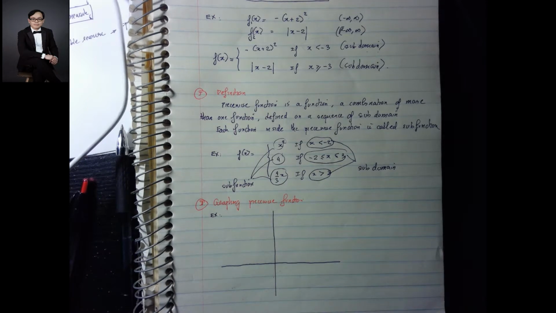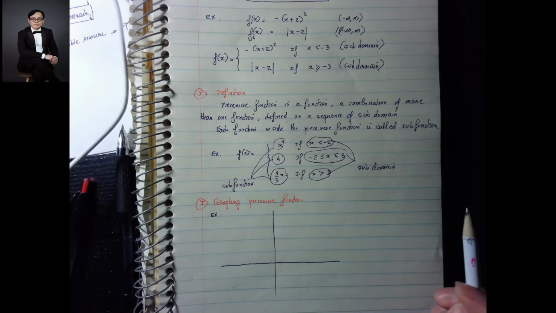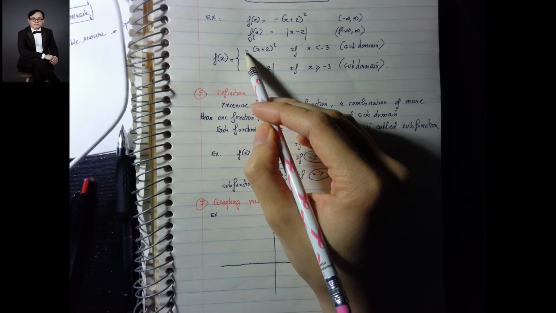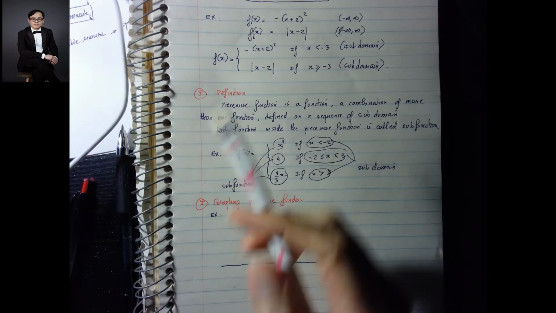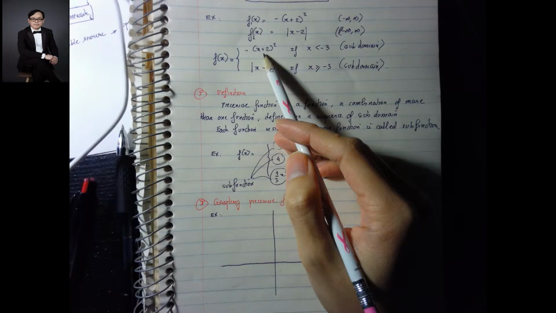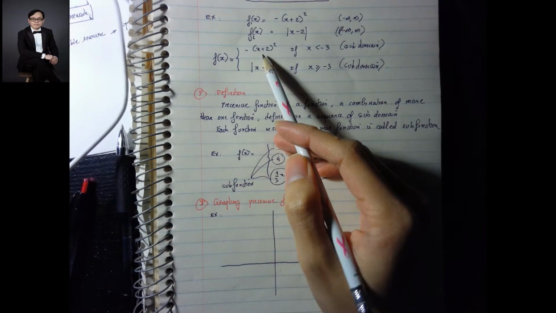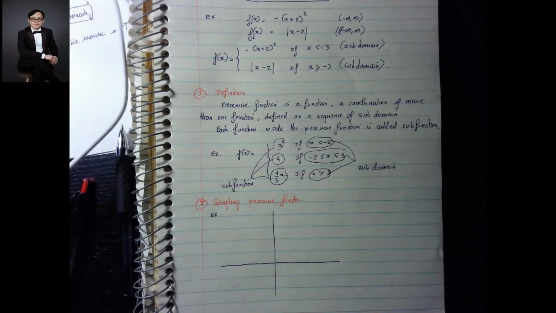Alright, so let's see. This has a negative, so I know that the graph will be upside down. And this is quadratic, so I know it will be a parabola. Okay, and the vertex is at (-2, 0). So this is 1 here, 2, 1, -2.